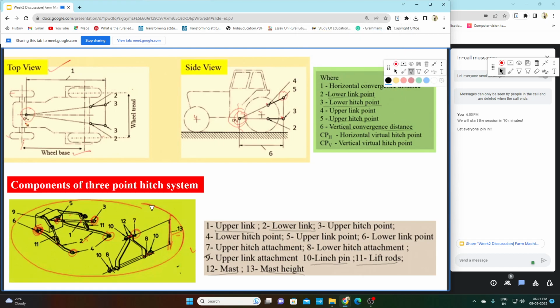If I divide, this part is the tractor side and this part is the implement side. Every implement has one mast. You can see it on a cultivator, a moldboard plow or a disc plow. So this side is the implement side, and this is the tractor side. Is this clear? Okay.